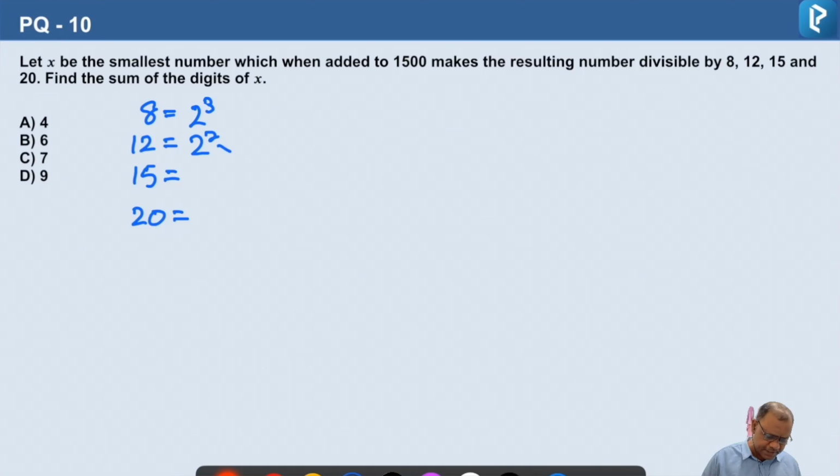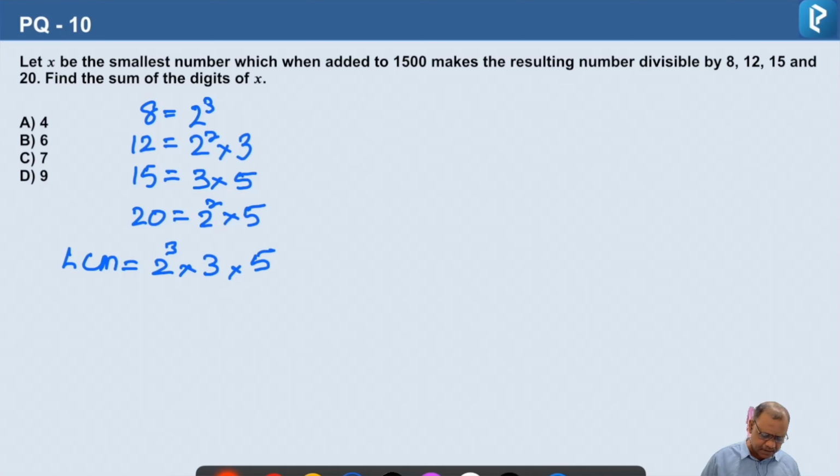This is 2 square into 3. This is 3 into 5. This is 2 square into 5. So the LCM is 2 highest power 3, 3 highest power 1, 5 highest power 1. So this is 8 into 3 into 5, 120. LCM is 120.